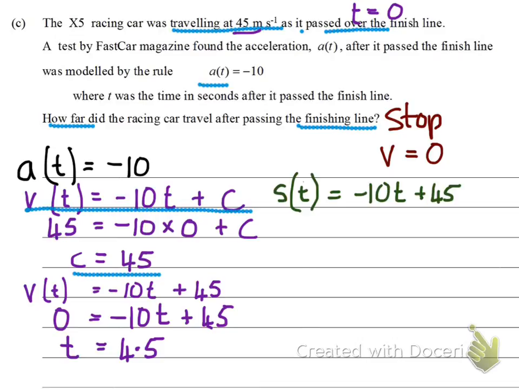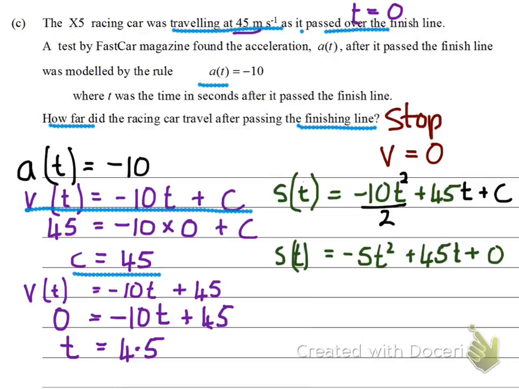So we want a distance formula, because we're asked how far. So we add 1 to the power, divide by the new power, and add your constant. That's taking the velocity equation to find the distance. Anti-differentiate. Then we tidy that up, and the constant equals 0, because as it passed over the finish line, how far is it from the finish line?